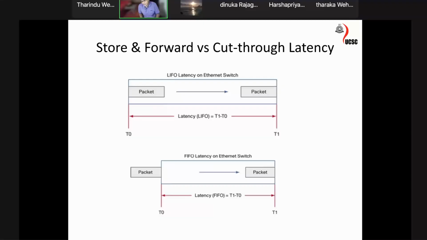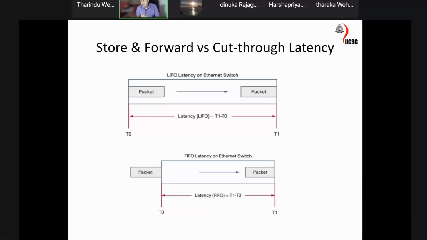Even though cut-through switching is faster, you can't get certain features. Store and forward has the possibility of implementing certain security measures by checking entire packet integrity and so on. But it is impossible with cut-through switching because we are just forwarding, considering the latency and reading the first few headers of the packet.